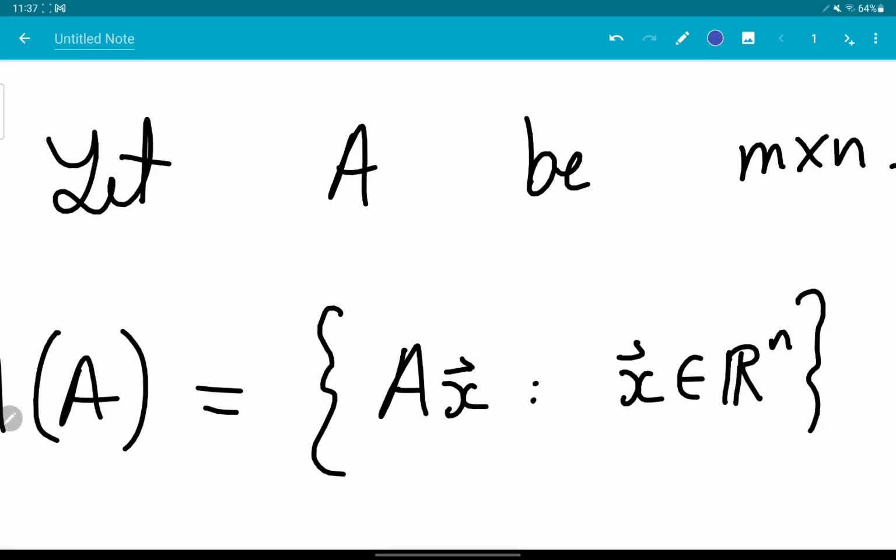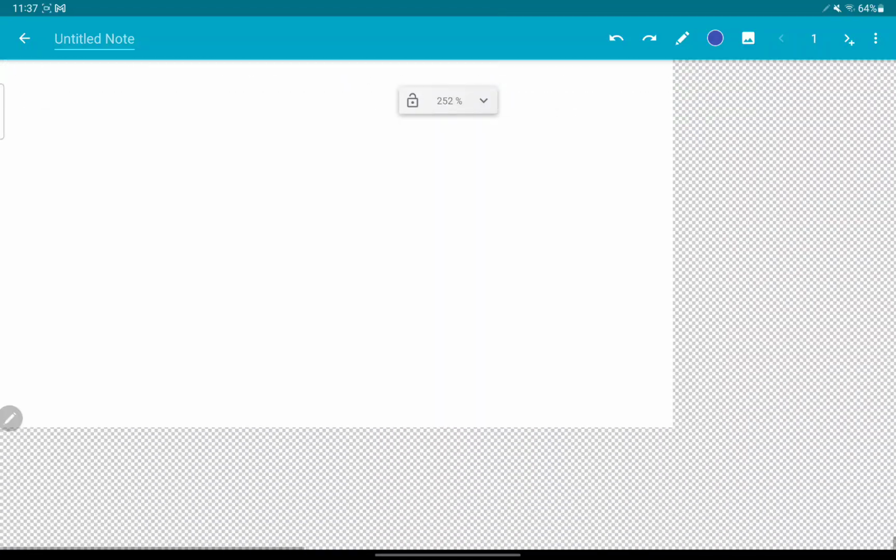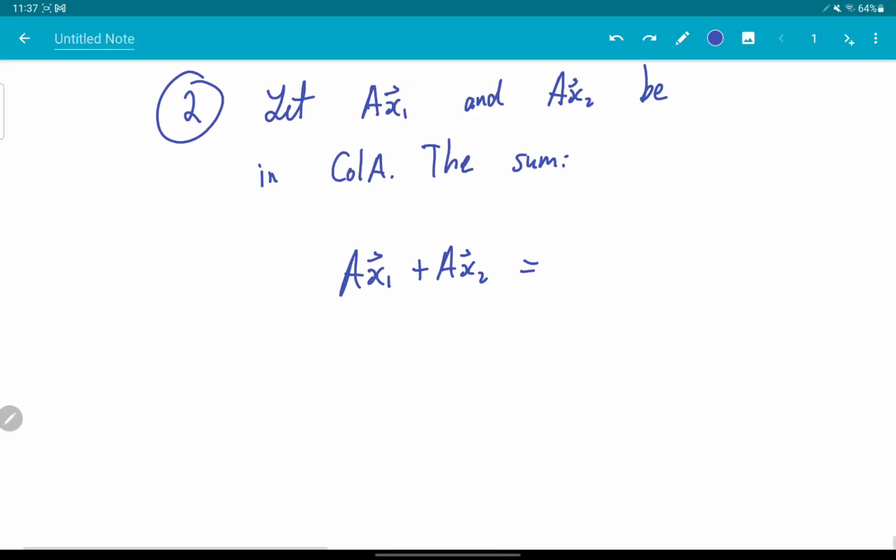I can write it as A times a vector. Well, easy peasy. Factor out that A. So now I've shown that the sum is A times a vector. So my reader can see that this is clearly in col A.